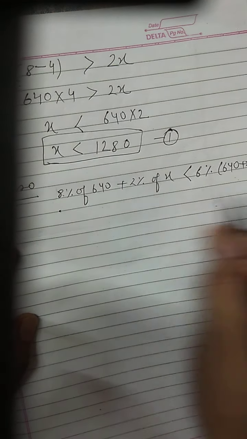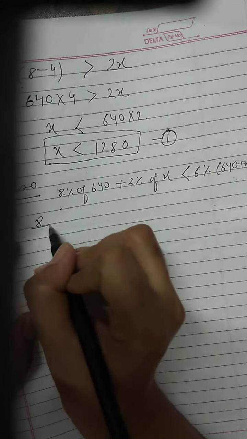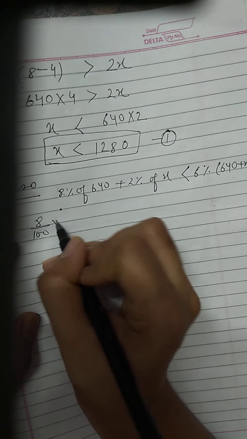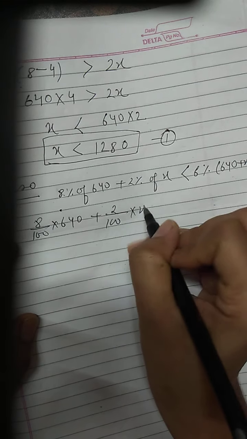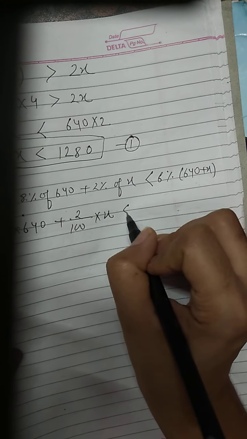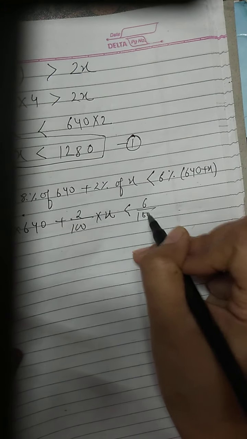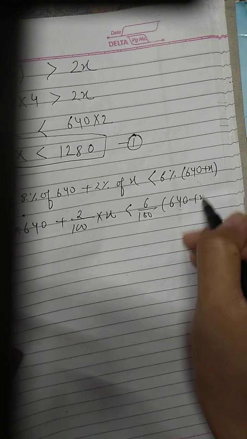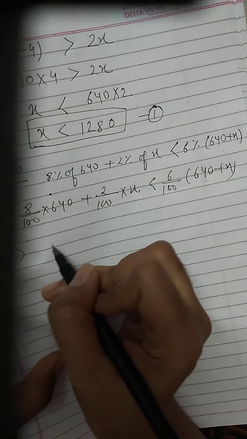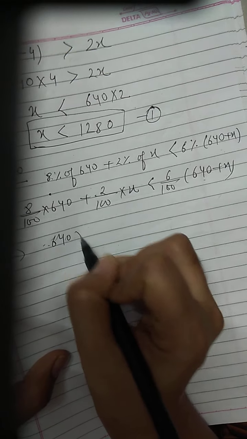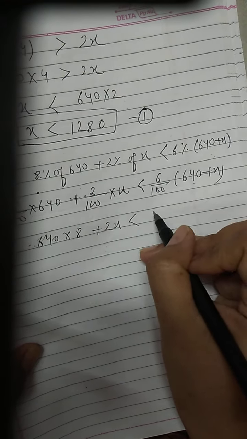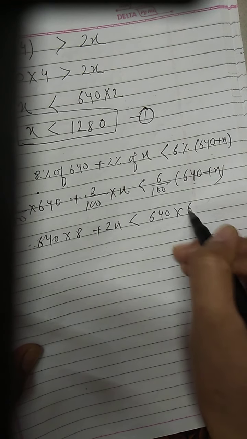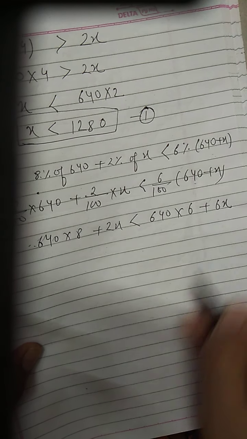Now when we remove the percentage sign, we get 8 by 100 into 640 plus 2 by 100 into x, less than 6 by 100 into (640 plus x). The same way we will get 640 into 8 plus 2x less than 640 into 6 plus 6x.